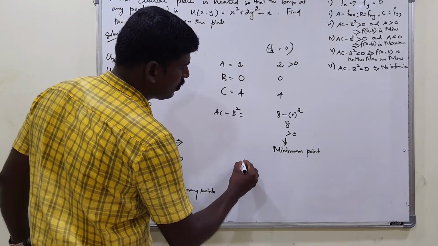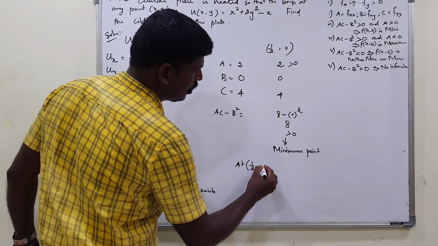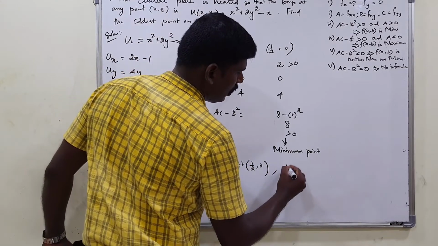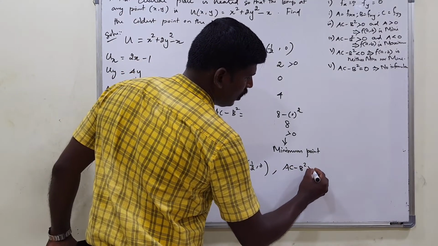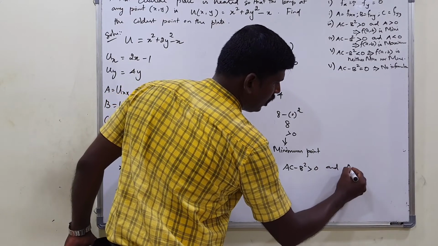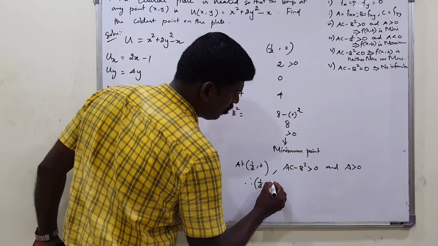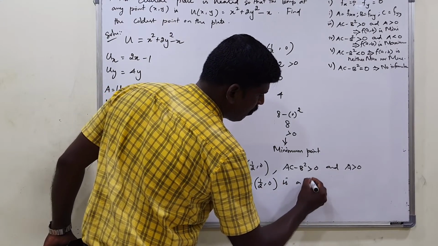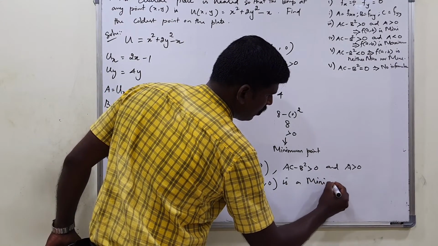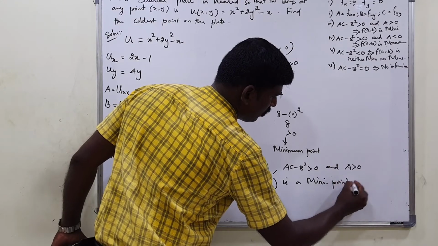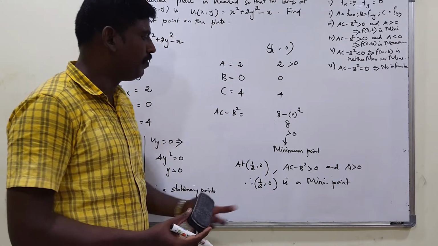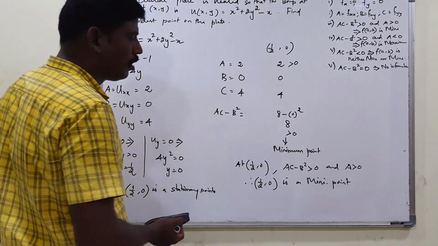So at 1/2 comma 0, ac minus b square is greater than 0 and a is also greater than 0. Therefore, 1/2 comma 0 is the minimum point. That means lowest temperature prevails at this point 1/2 comma 0.